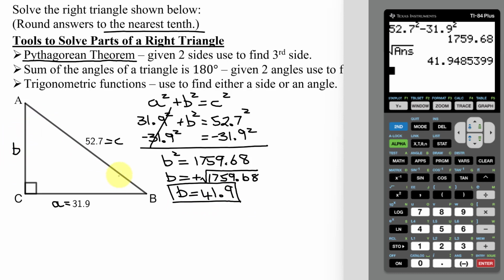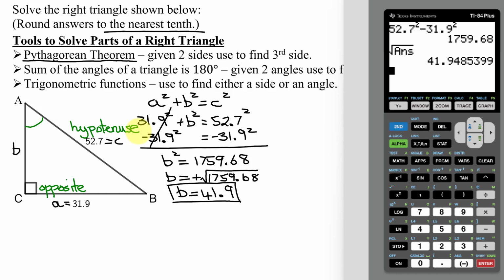I need to find the two unknown angles, angle A and angle B. Does it matter which one I find first? No, I'm going to find angle A first. And looking at angle A, side A is the side that is opposite angle A. And side C is the side that's opposite the right angle, so it is the hypotenuse.